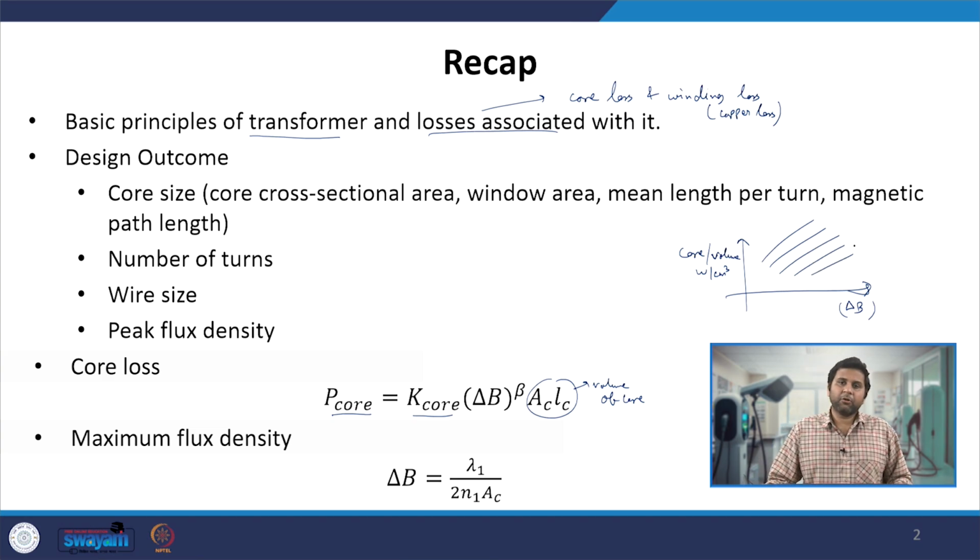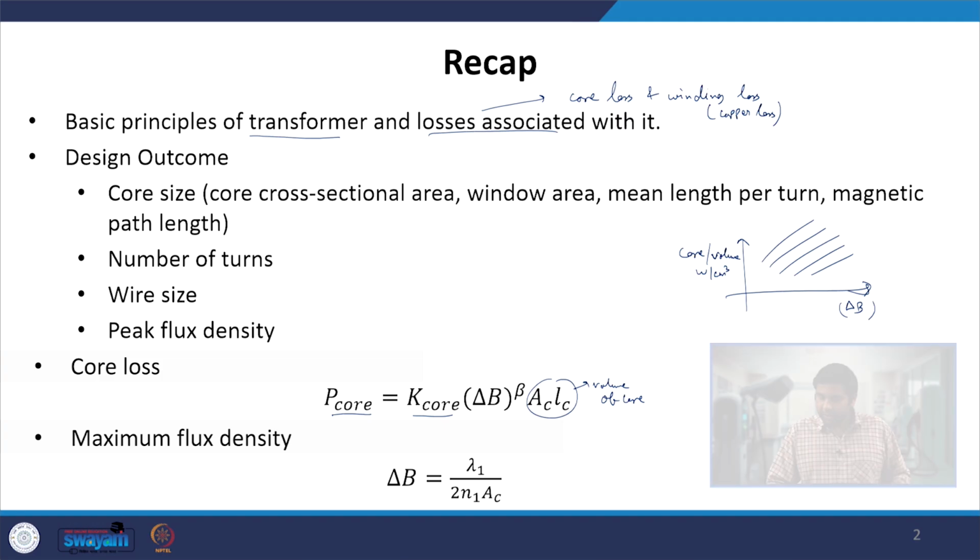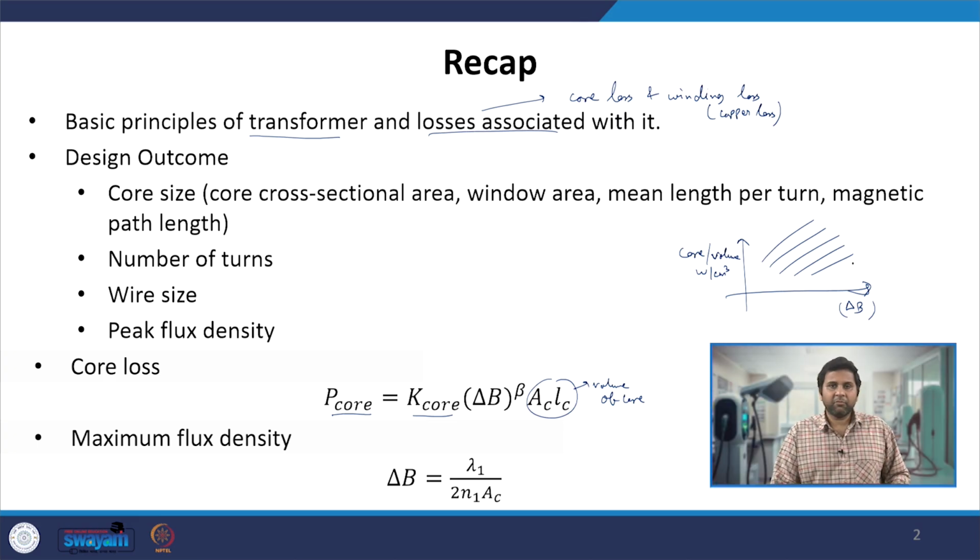Depending upon your frequency of operation, you can select the peak magnetic flux density, and accordingly the core loss per unit volume in the core made of that material.